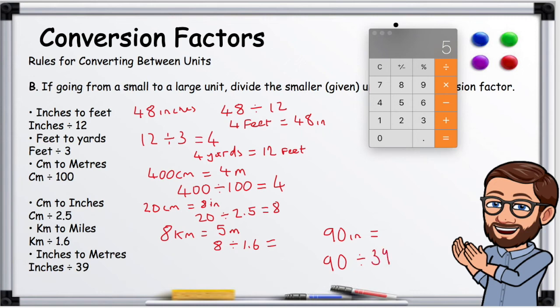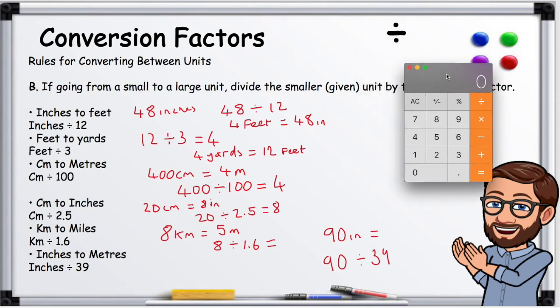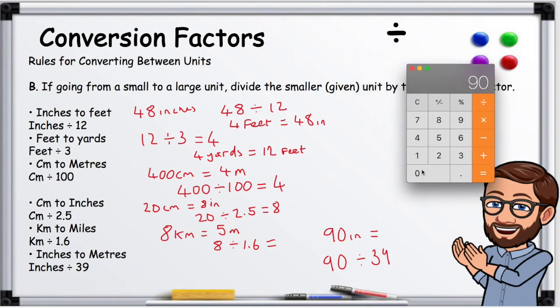Let's have a look on our calculator. Oh, that's a nice big decimal number. We'll just do it to one decimal place. So 90 inches equals 2.3 metres.